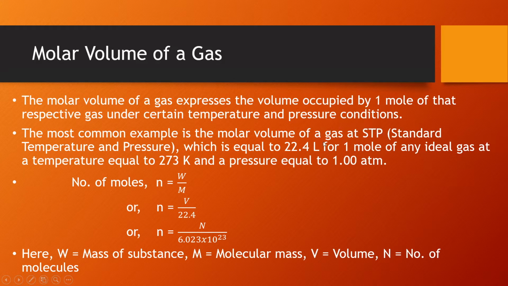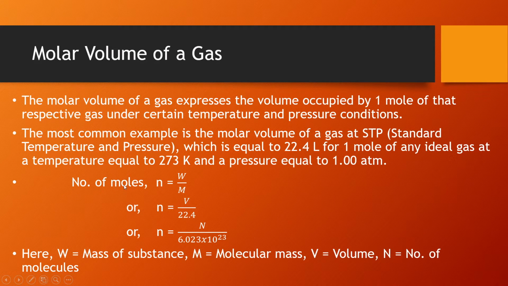So this is the condition of standard temperature and pressure. Please note it down, and you have to memorize these values, because in so many types of mathematical problems in this chapter, you have to face the STP word, so you have to be familiar with that.